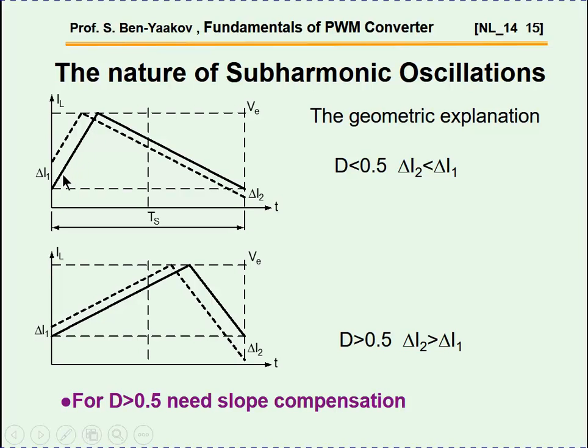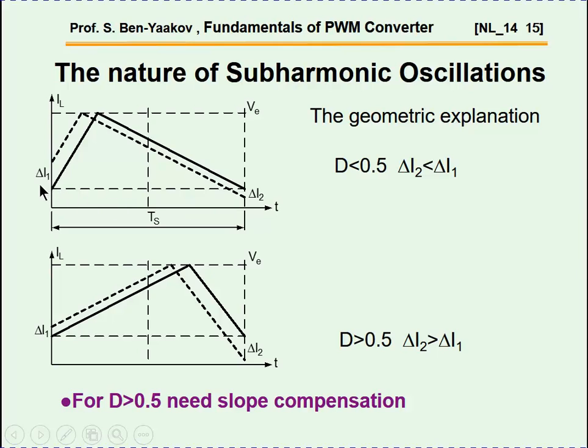Suppose now that there is some interference or a change in the inductor current due to, say, loading. And therefore, at this particular time, rather than having this current, we are going to have a little bit higher current. As a result, we are going to hit this V sub E at this point, and then the current will go down by this slope here.